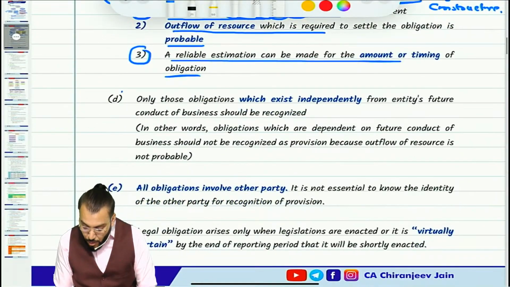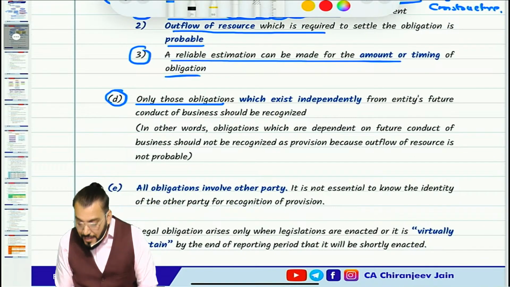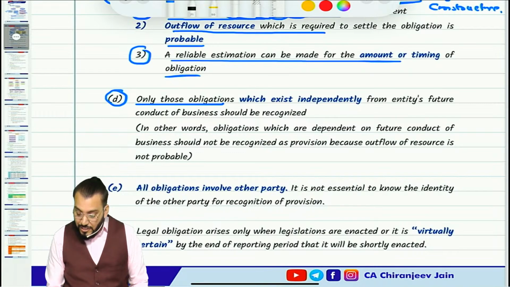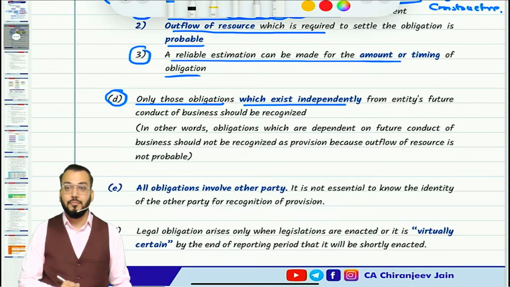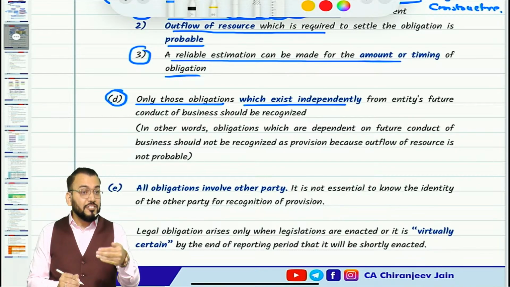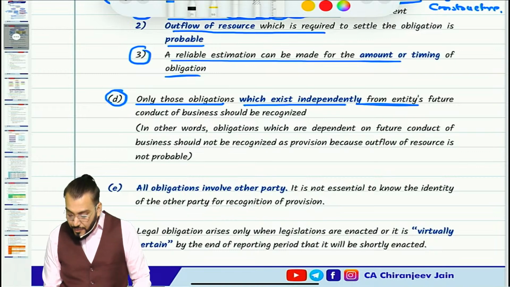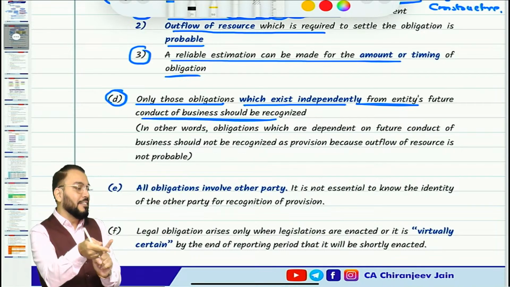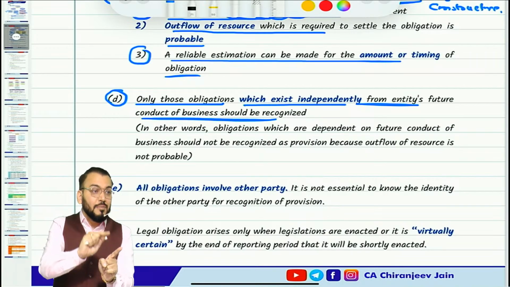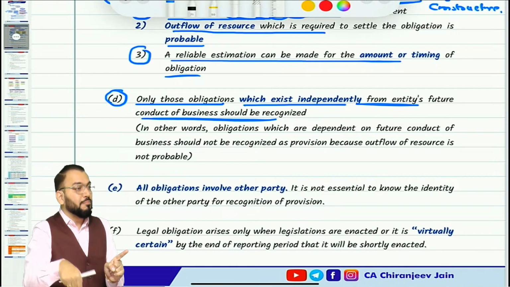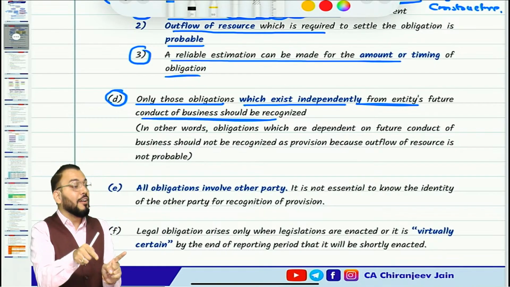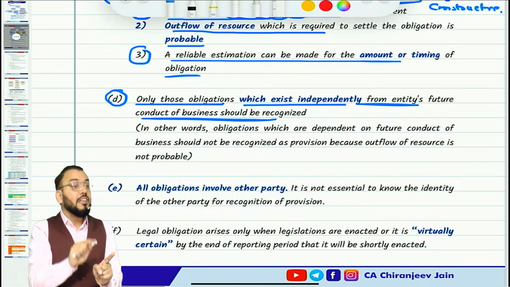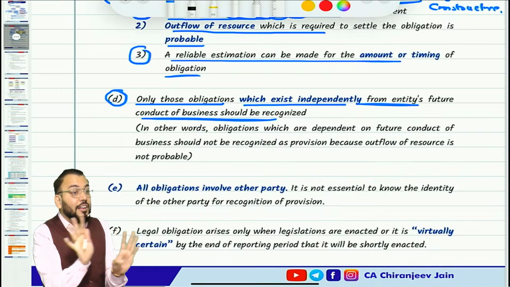Understood? This is what Ind AS 37 says. This para is very important. Point number D: only those obligations which exist independently of the entity's future conduct of business should be recognized. Any obligation which is dependent on future conduct of business, in my example, how they will conduct it in future, we will not recognize any provision.